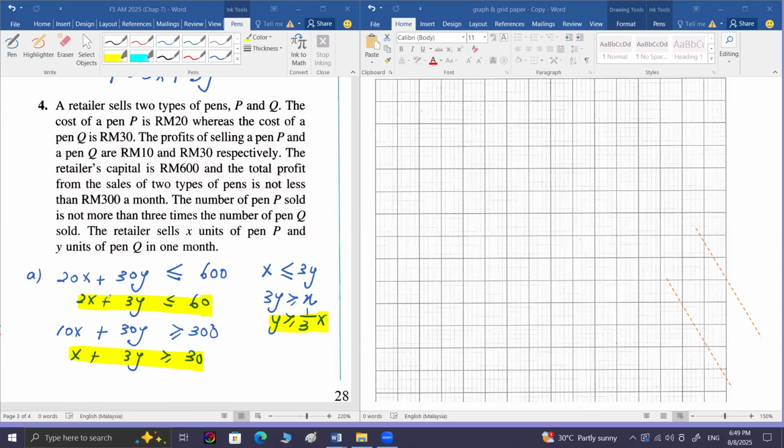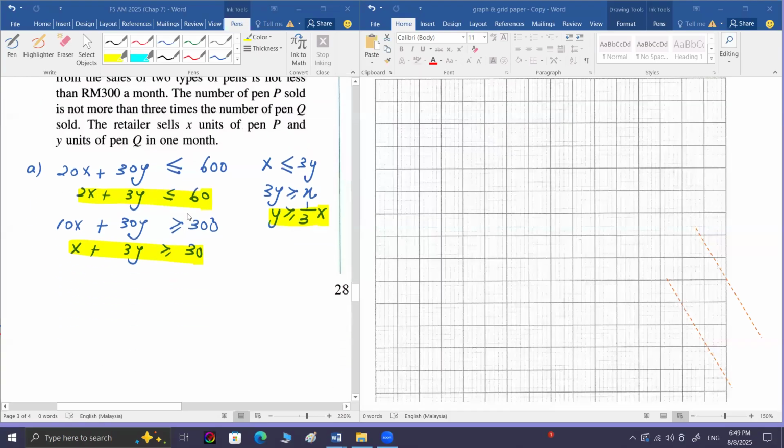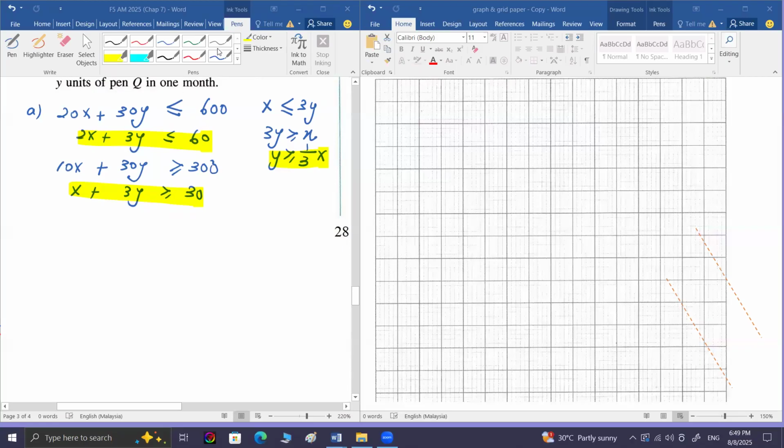Okay, for example, like what I mentioned, you can make a table to see the values. Let's say x is 0, y is 20. Now for this part, what I mean is you have to decide until where to draw. Like what I mentioned before, class, the first one, the second one, then you can decide until where to draw the third one.